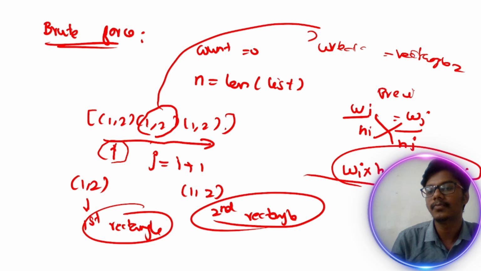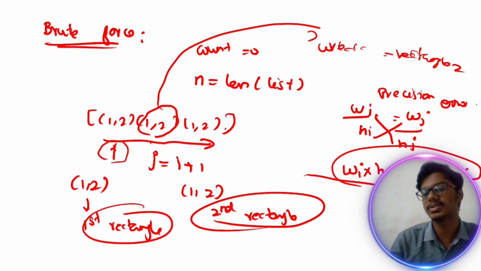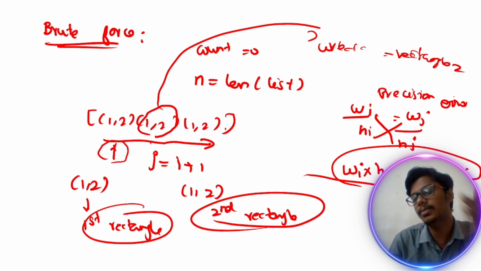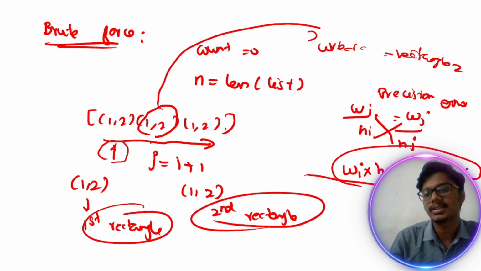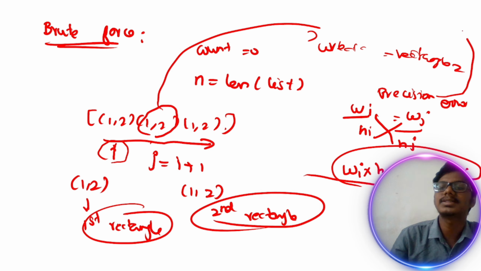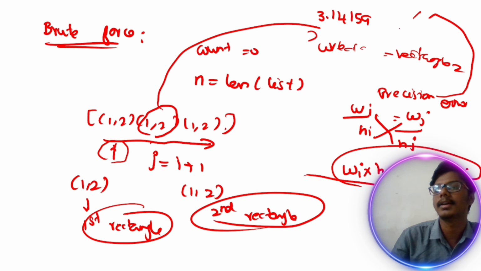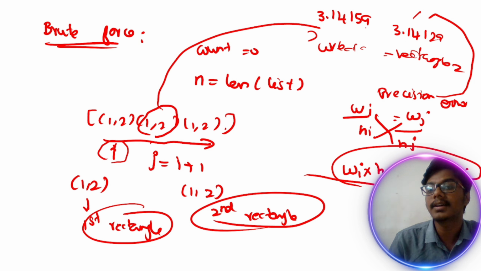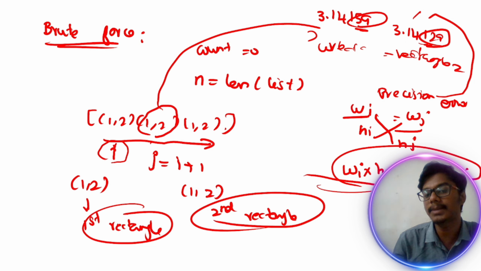I already discussed this in the Python crash course, so please watch that video. What do precision errors mean? For example, in one rectangle I got 3.14159, and in another rectangle 3.14129. If I want to compare these, I simply multiply.